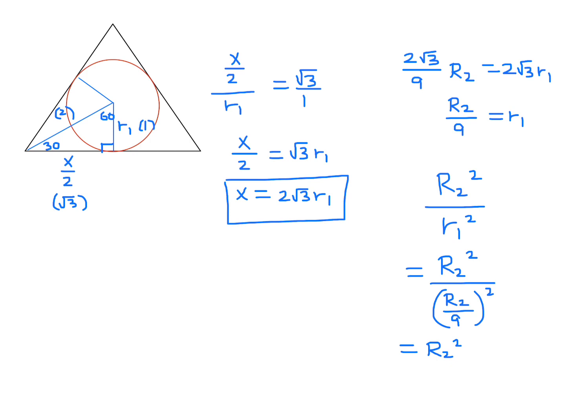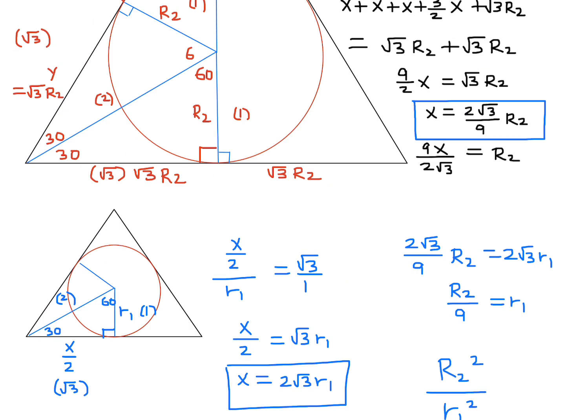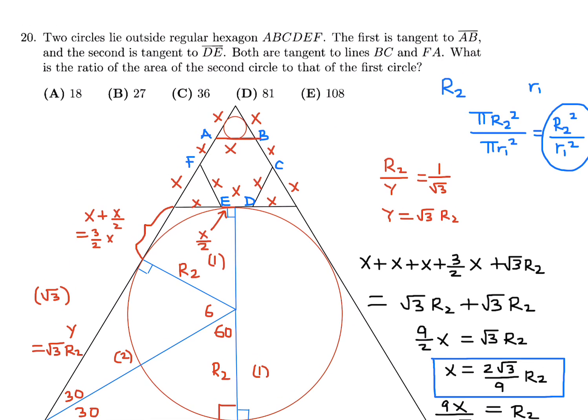So this now becomes R2 squared over R2 squared over 81. Invert and multiply. R2 squared over 1 is equal to 81 over R2 squared. And the R2 squareds cancel, and the only thing you're left with is just 81. So the answer to this really great question is D.